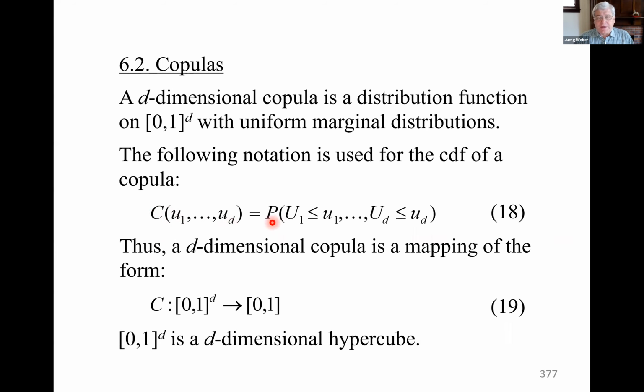So that's the probability that random variable 1 is less than this critical value, up to the random variable D. I'm now actually considering D random variables, that this one is also less than the critical value. And then you just write here the critical value. So that's entirely the notation we had before for the cumulative distribution function.